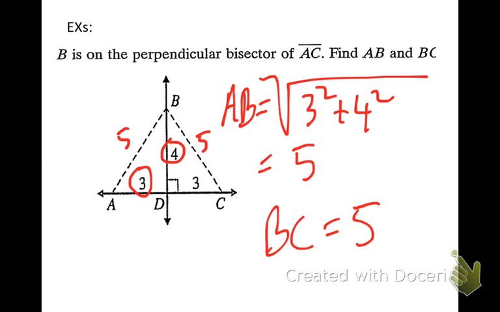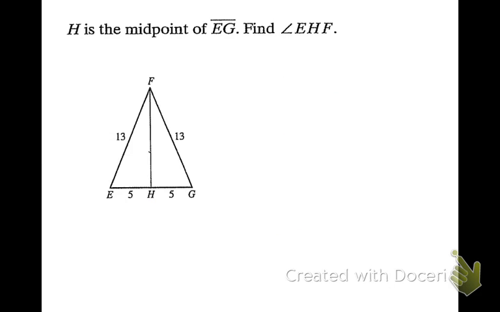Okay. All right. Next example, H is the midpoint of VG. Find angle EHF. All right, so how we could do this is the two smaller triangles. How would they be congruent? Shatis? By side on side? Right, no, side, side, side.